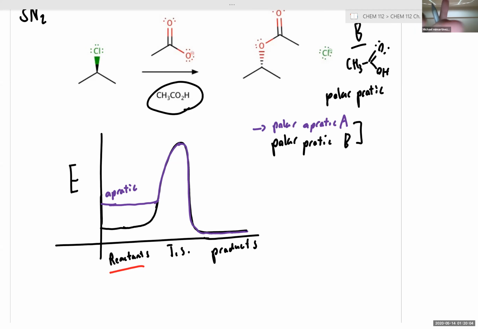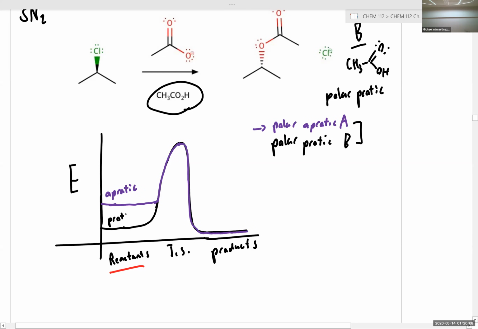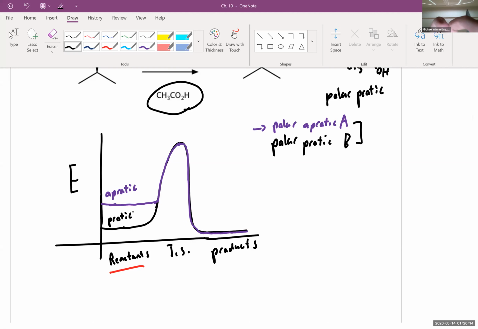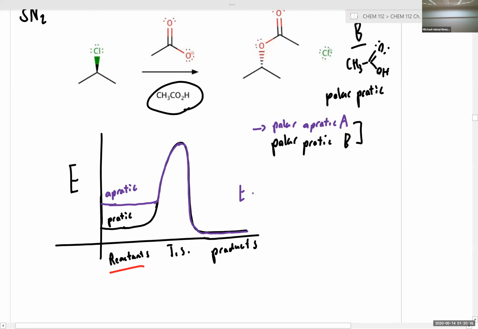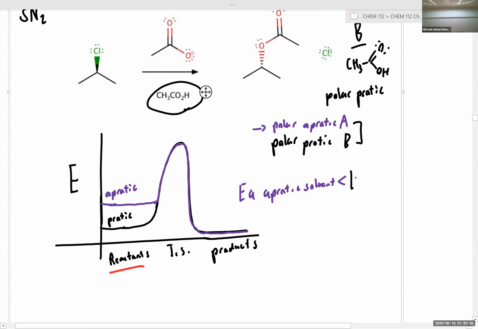So the main difference when we change our solvent is that our reactant energy, our nucleophile energy, changes. As a result, the activation energy for our aprotic solvent is less than the activation energy for our protic.